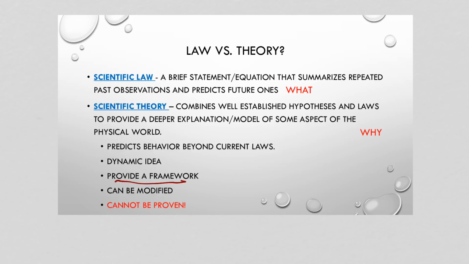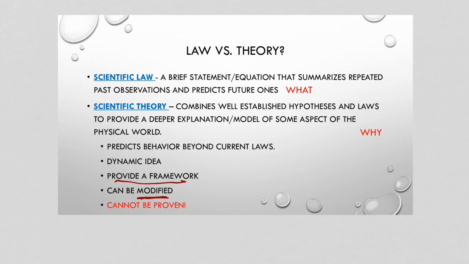And this goes back to one of the hallmarks of the scientific method, is that it can be modified, right? Of all scientific thought, whether it's a hypothesis or even a law or a theory, they can be modified. Most scientific theories have gone through modification as new experimental results come out.